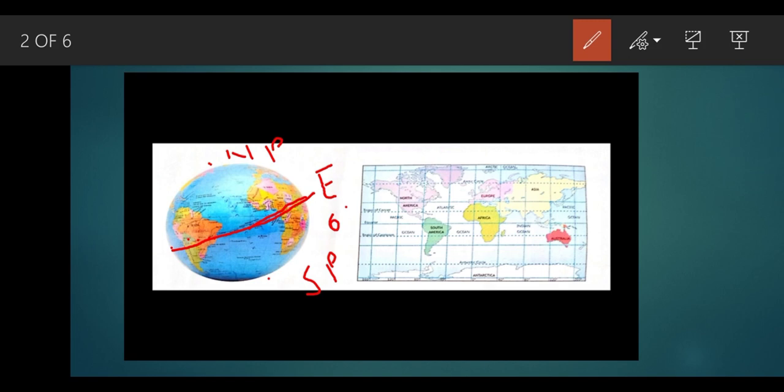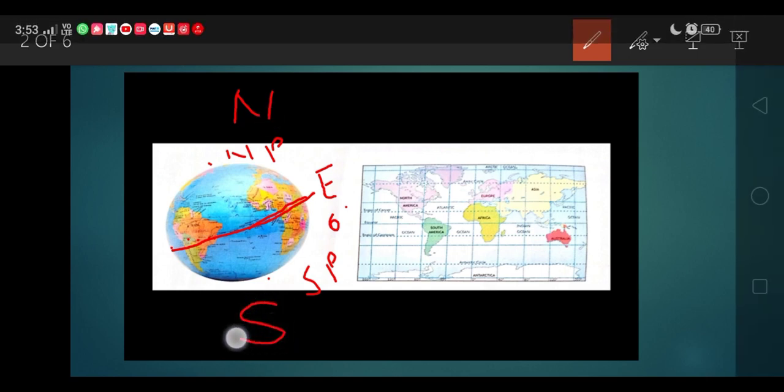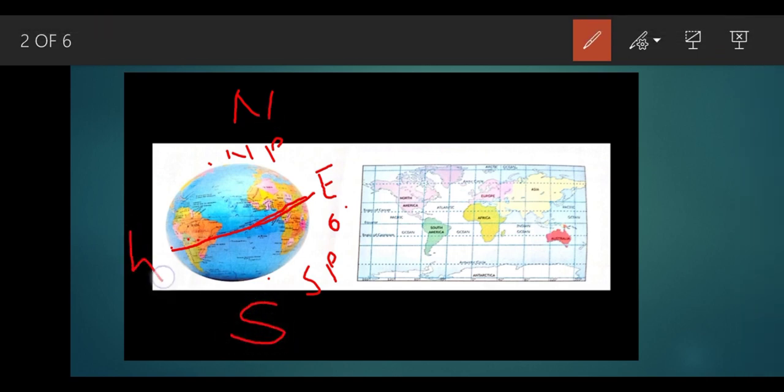All right, now children, there are a few more lines which you can see. First of all, let us see the 4 directions: north, south, west and east. Okay, this E indicates east.